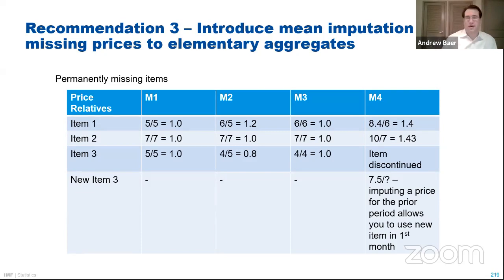You're making it be closer to no change. What we want to do is assume that this item that comes into the index in month 4, in its first month, its price increased by somewhere between 40 and 43%, because that's the average of what happened with the other items. And that is the recommended method in the manuals.